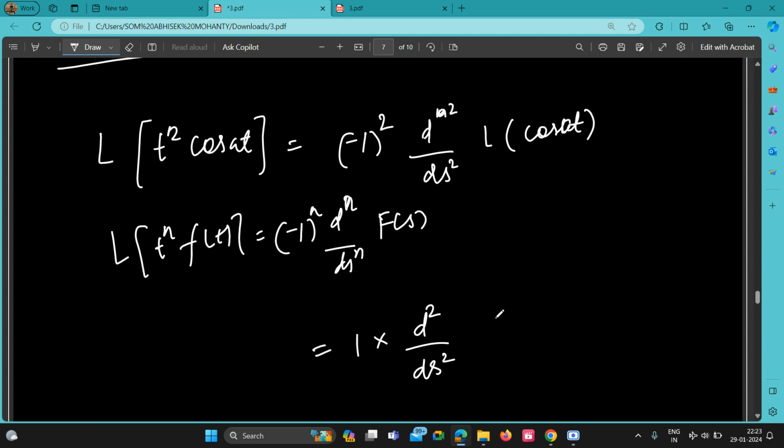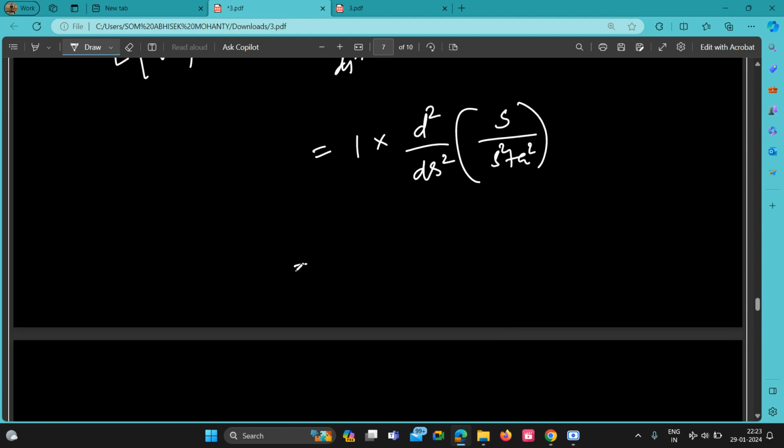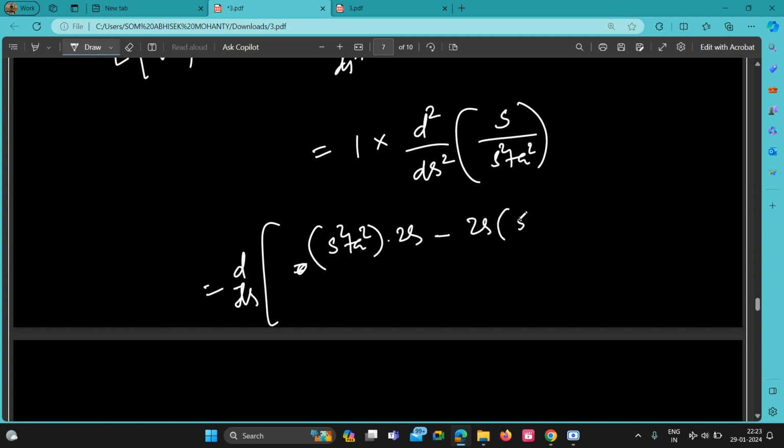Laplace of cos at is s by s square plus a square. So you just have to take the double derivative of it.